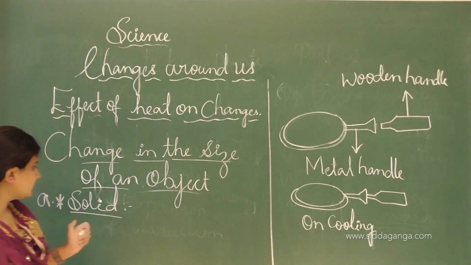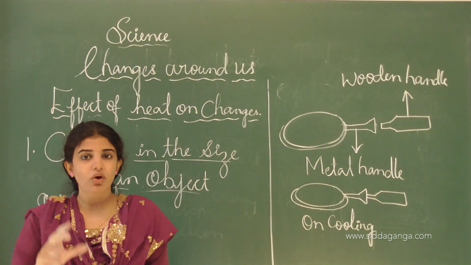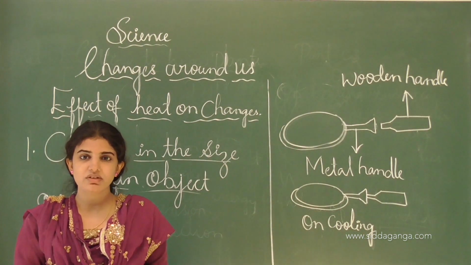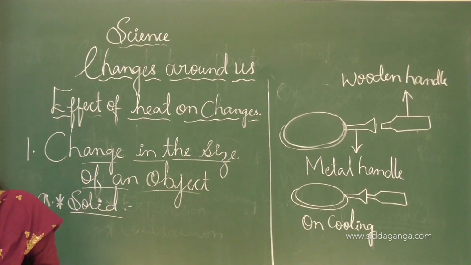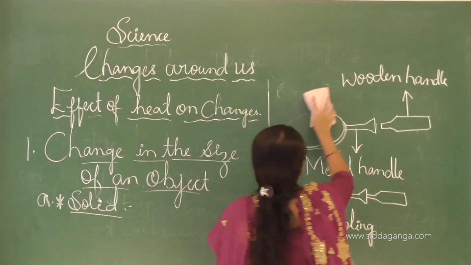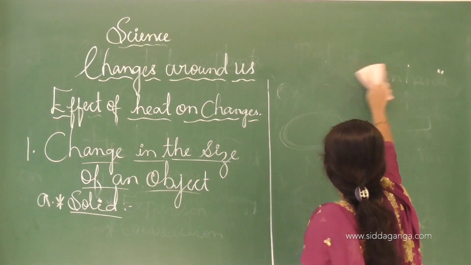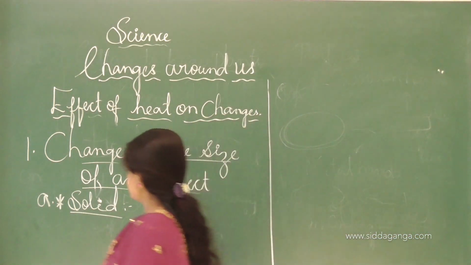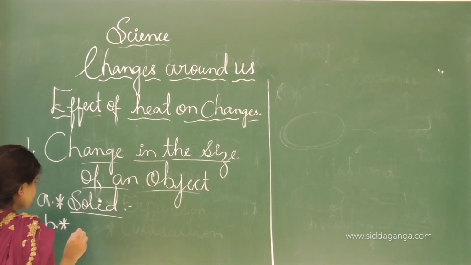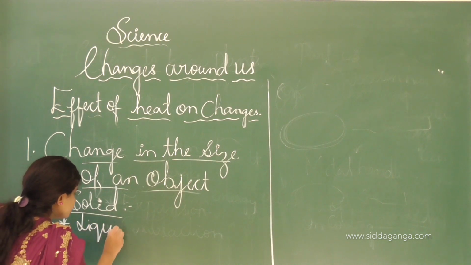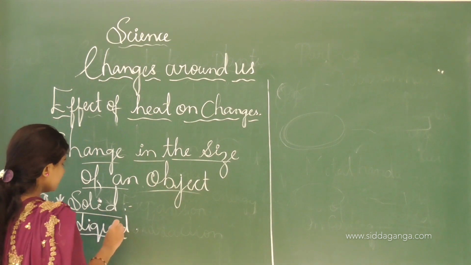This is how we can say that most solid objects expand on heating and come back to the original size on cooling, that means contraction. Next we shall move on to liquids.